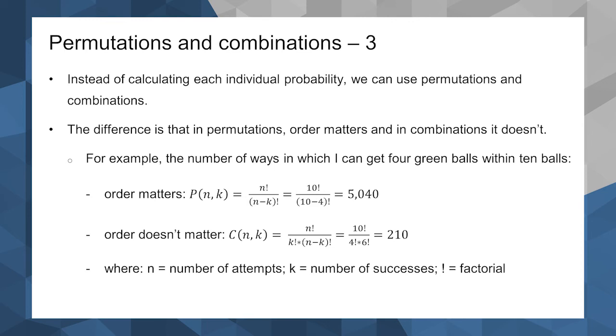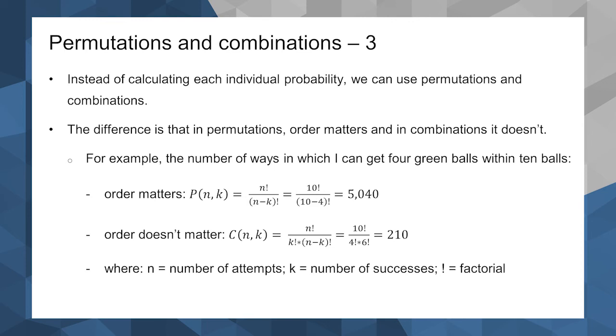And then we need to know the concept of factorial. And factorial is the product of every number from whatever we start until 1. So factorial of 3 is 3 times 2 times 1. Factorial of 5 is 5 times 4 times 3 times 2 times 1.